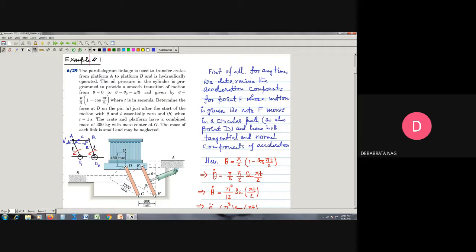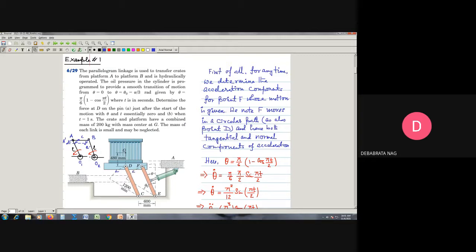Now, first of all, as I already explained to you, how this parallelogram linkage or straight line linkage mechanism works, we find that the point D and the point F are moving along congruent parallel paths, as shown here by this dotted line.